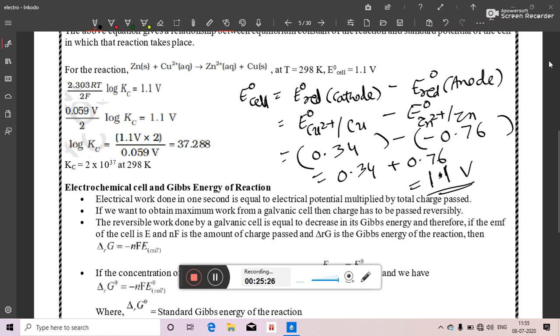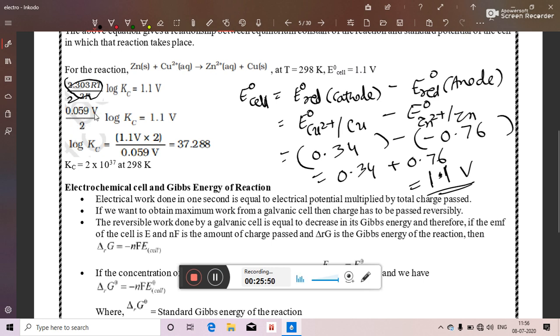So when we put this value in the equation, we get 2.303 RT upon 2F log Kc equal to 1.1 volt. Now these all are constants. 2.303 RT upon F is constant, only n is not constant. So all these constants are written together, and that will be 0.059.